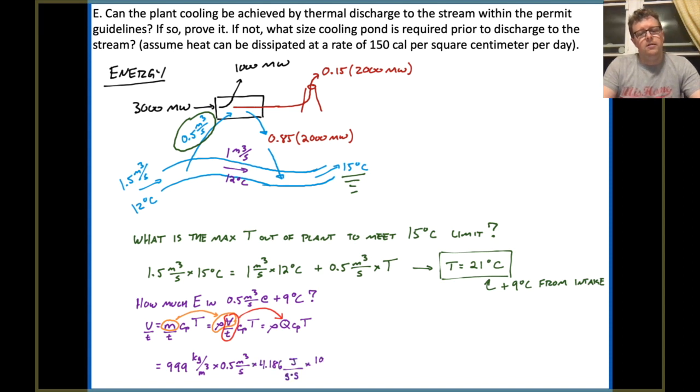So if I start writing out these numerical values, density of water just under 1,000 kilograms per cubic meter. I know the discharge through the plant, 0.5 cubic meters per second.